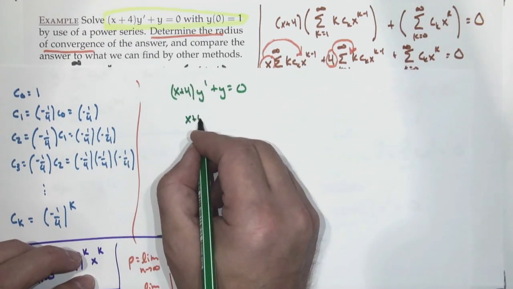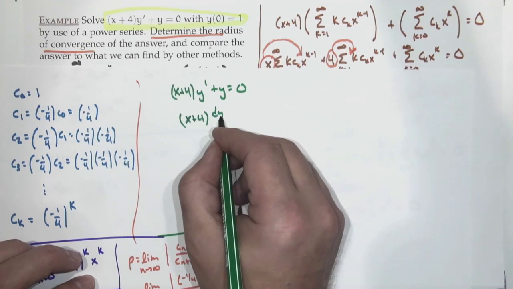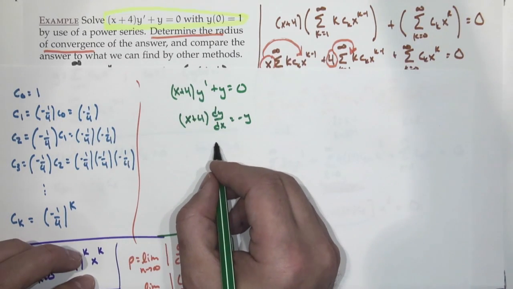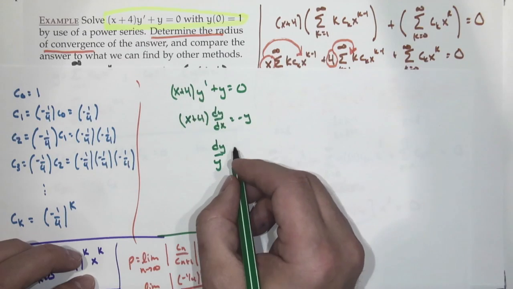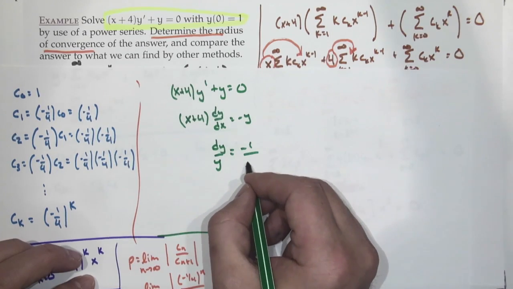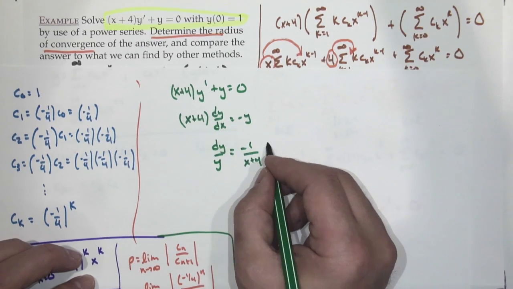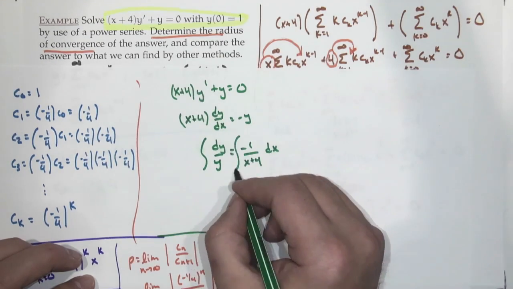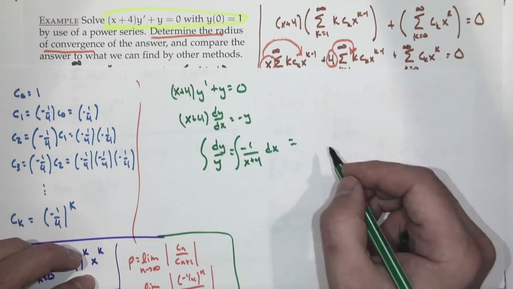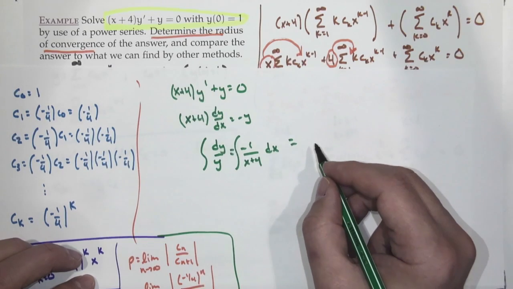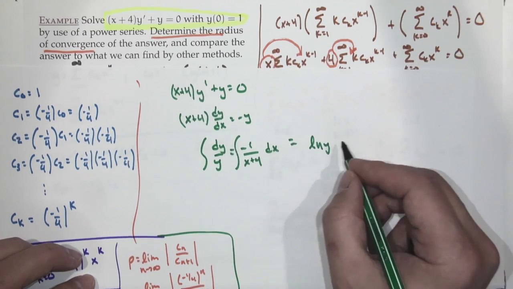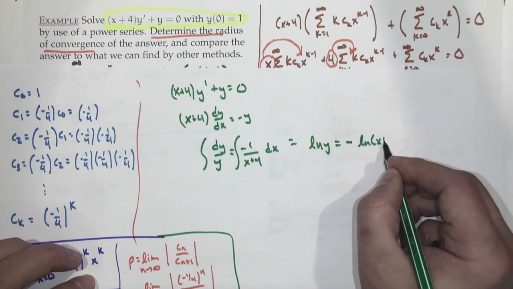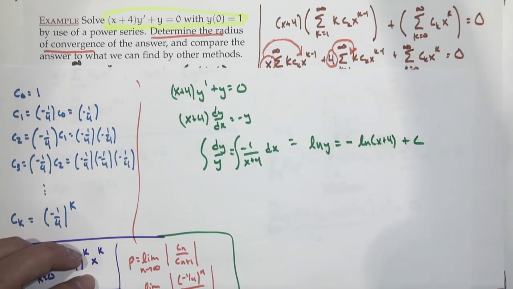So x plus 4 dy dx equals minus y, or dy over y is equal to minus 1 over x plus 4 dx. Integrate, integrate. What does that tell us? Natural log y equals minus natural log of x plus 4 plus c.